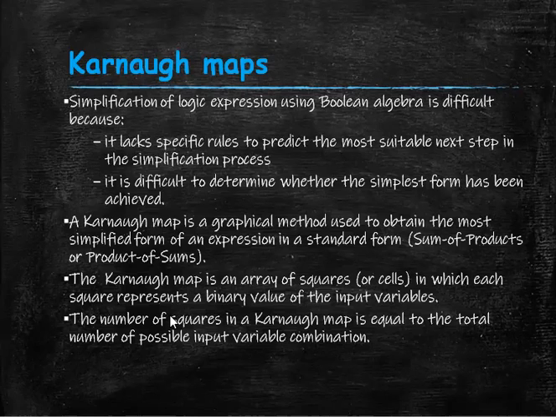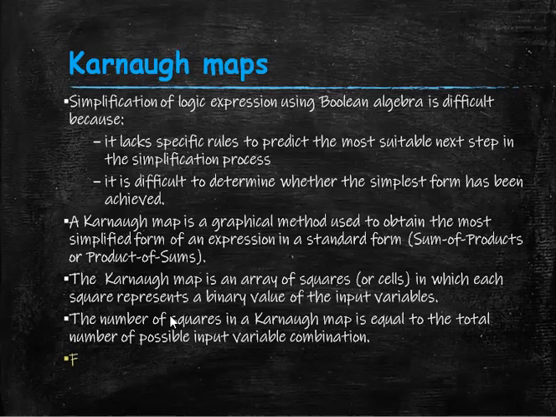In the case of logic gates, if there are only 2 inputs, A and B, there must be 4 different combinations. With 3 inputs, A, B and C, there must be 8 different combinations. And if there are 4 variables, there must be 16 different combinations.